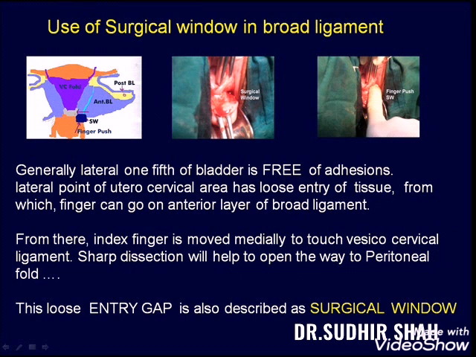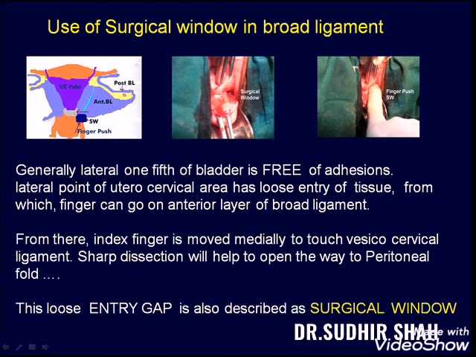Generally, the lateral one-fifth of the bladder is free of adhesions. The lateral point of the uterocervical area has a loose entry of tissue from which the finger goes to the anterior layer of the broad ligament.